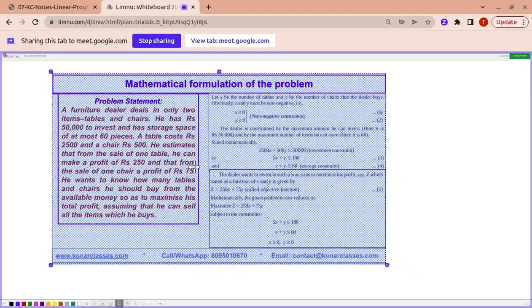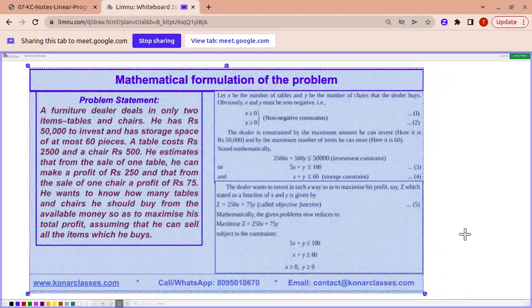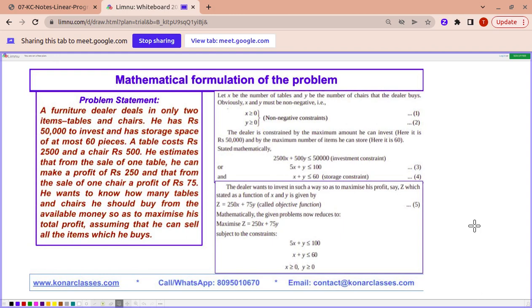Here I have mentioned the same problem statement on the left hand side so that you can refer to it. Let x be the number of tables and y be the number of chairs that the dealer buys.